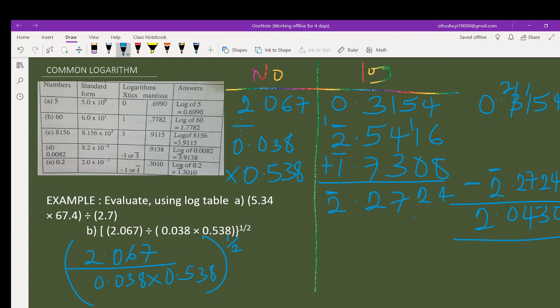Let me call the whole of this P. So I can say P to the power half becomes 2.043 times 1 over 2. If we divide that, you're going to be having 1.0215.